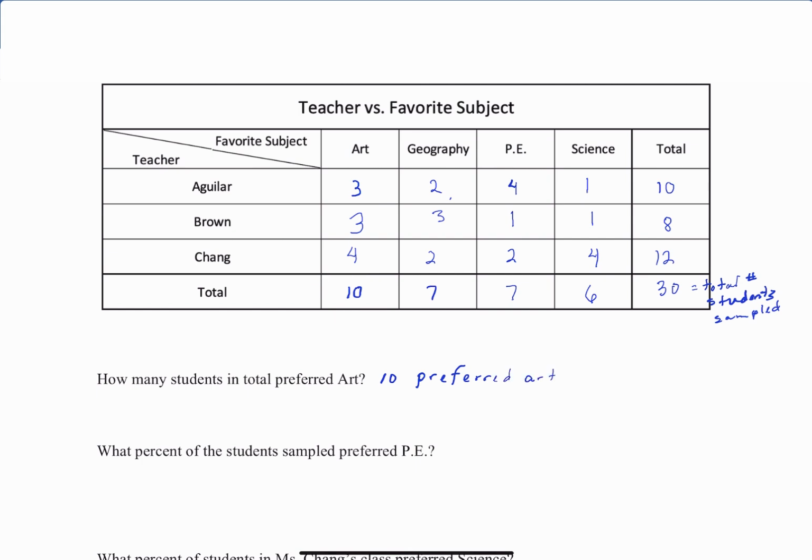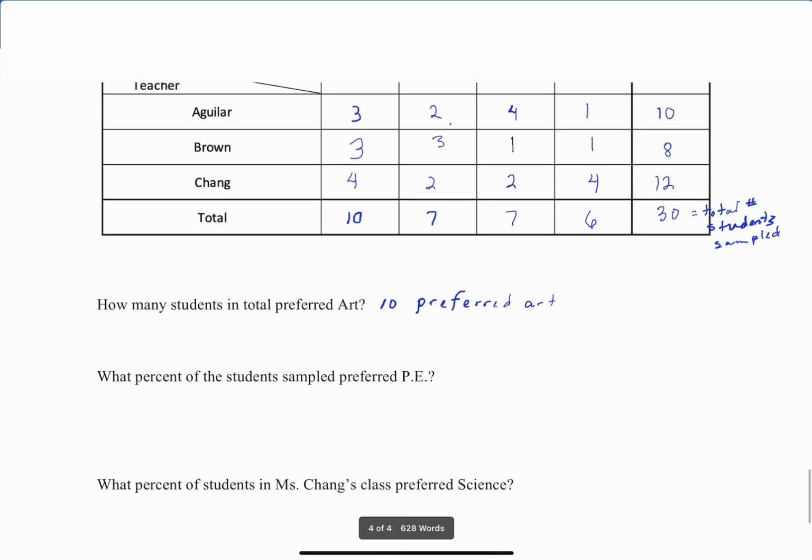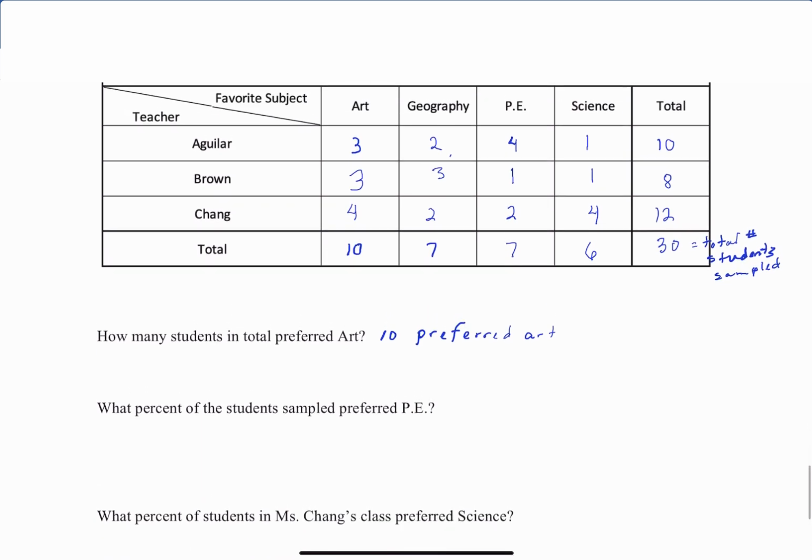What percent of the students sampled preferred PE? Well, we can see from the PE column that a total of 7 preferred PE. That's out of the 30 students sampled. So we'll say 7 out of 30.